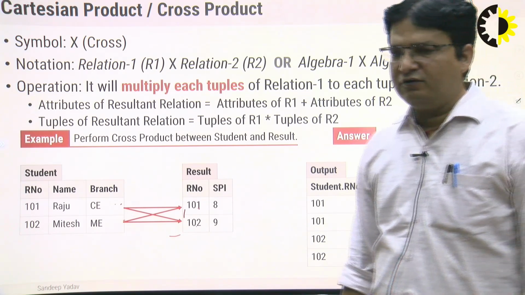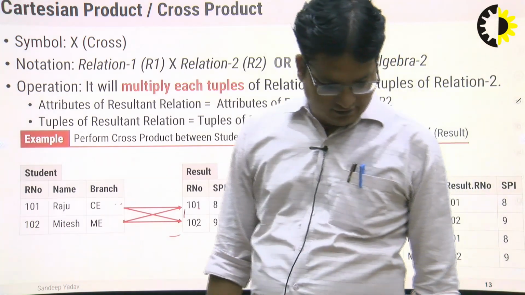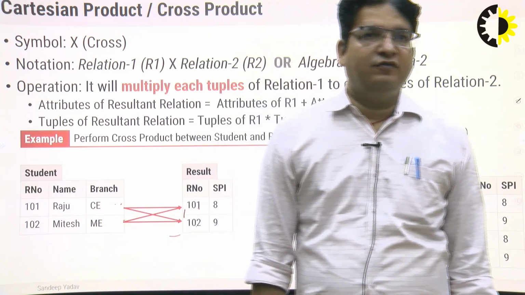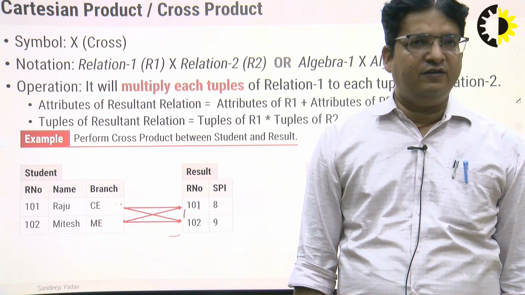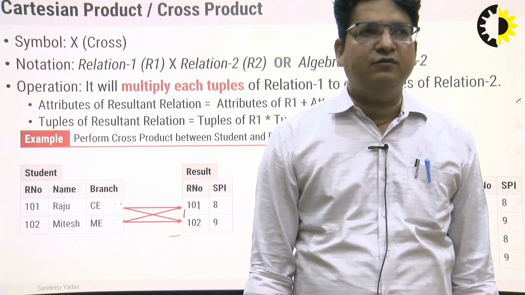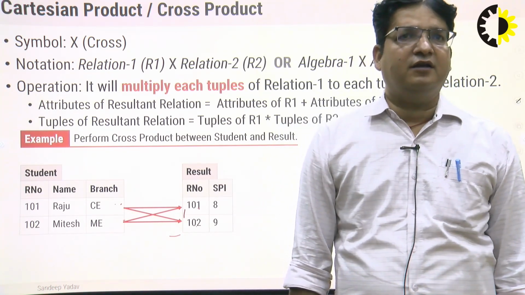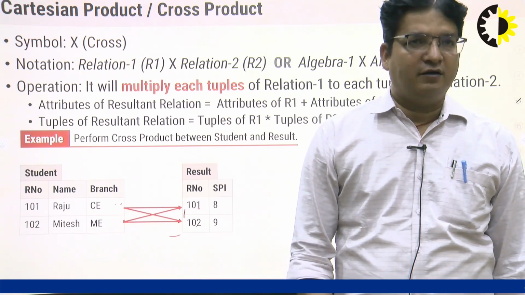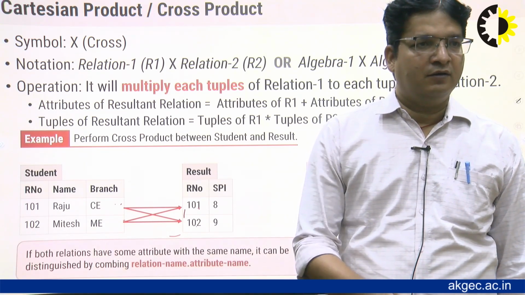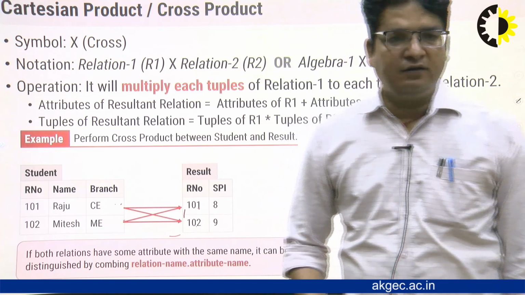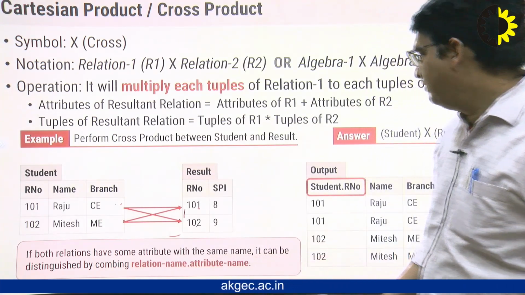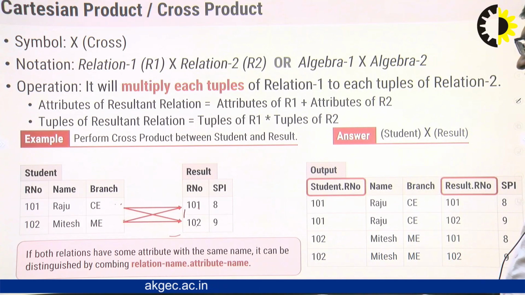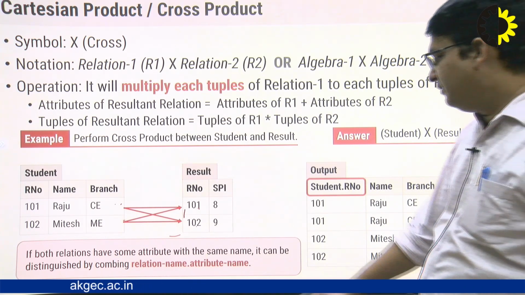As such, cross product is useless unless we have certain more conditions, but it is fetching data from more than one relation, so it can also be known as Cartesian join. One thing to note is, if both relations have some attribute with the same name, then we need to specify them by relation name dot attribute name.